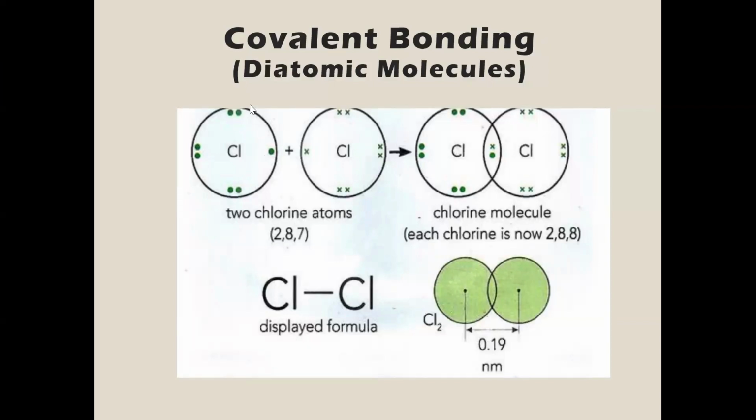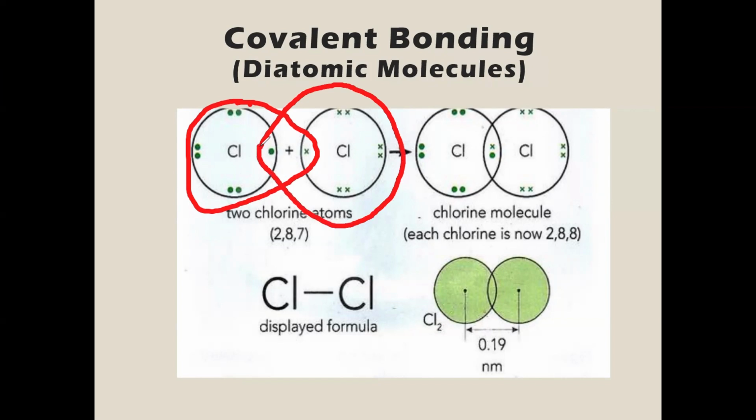So this chlorine will share an electron with the other chlorine atom, and the other chlorine atom will share an electron with the first one. So the two electrons will be shared between the two chlorines, forming a bond, a single covalent bond. Okay? So every pair of electrons will form one single bond.